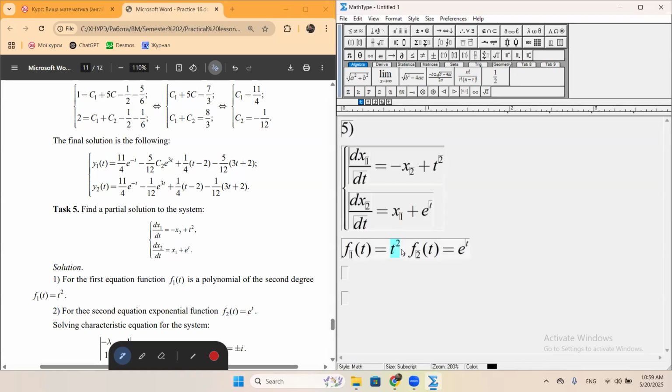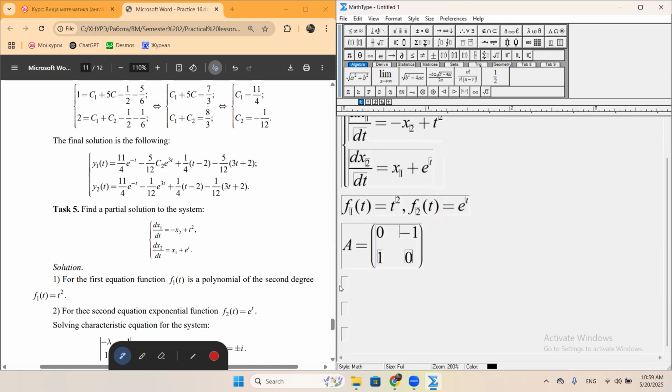So a polynomial of the second degree and an exponent. Then we write down the characteristic equation, using these coefficients. The matrix will have the following form: 0, minus 1, 1, and 0.